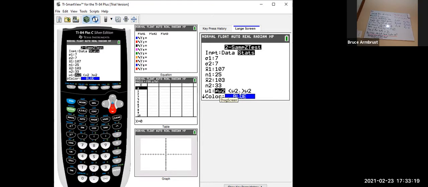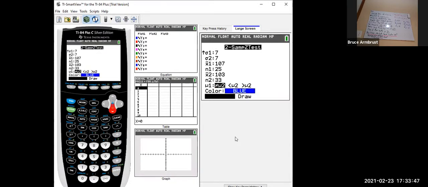We're actually trying to see if mu1 is bigger than mu2. We want to know, do our LTCC students have a higher IQ than the Western Nevada kids? So mu1 is greater than mu2.